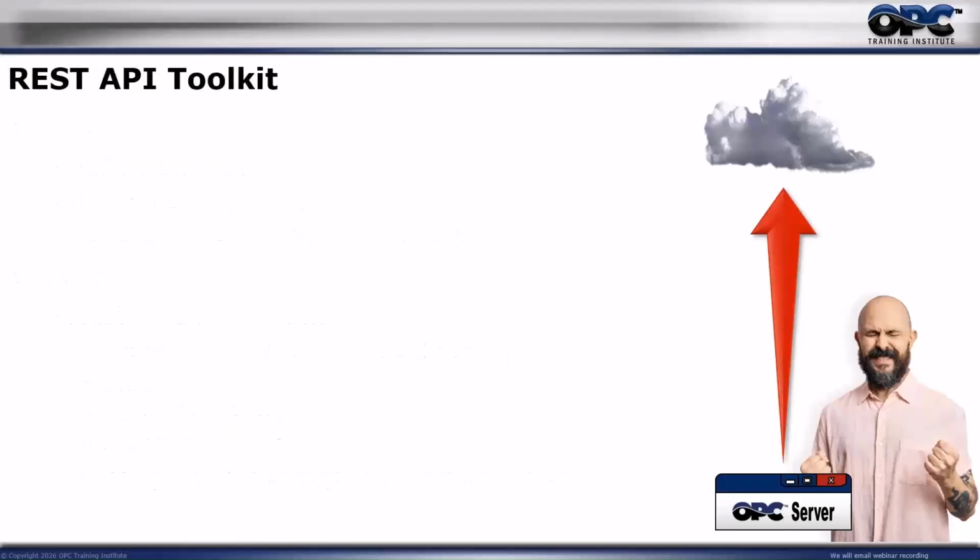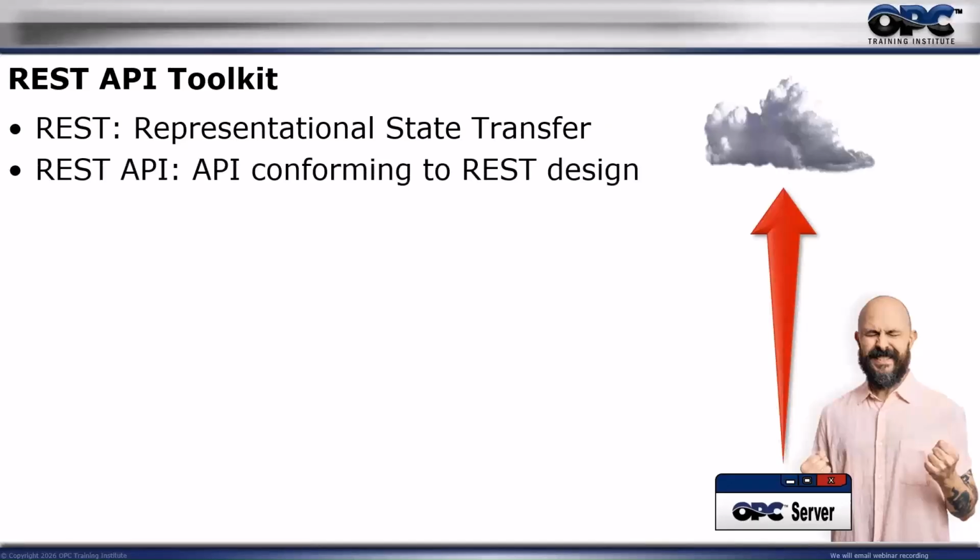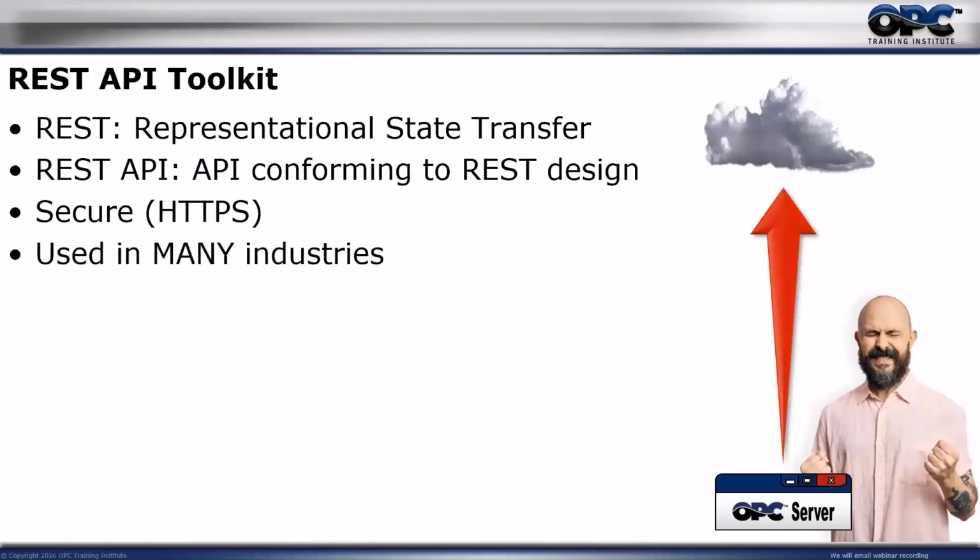So there's REST API. I'll talk about this REST API. REST, representational state transfer, and a REST API is an application programming interface, an API that conforms to the REST design. What you probably already know about REST is that it uses secure HTTP, so HTTPS, and it's used in many industries. Pretty much every industry uses REST.